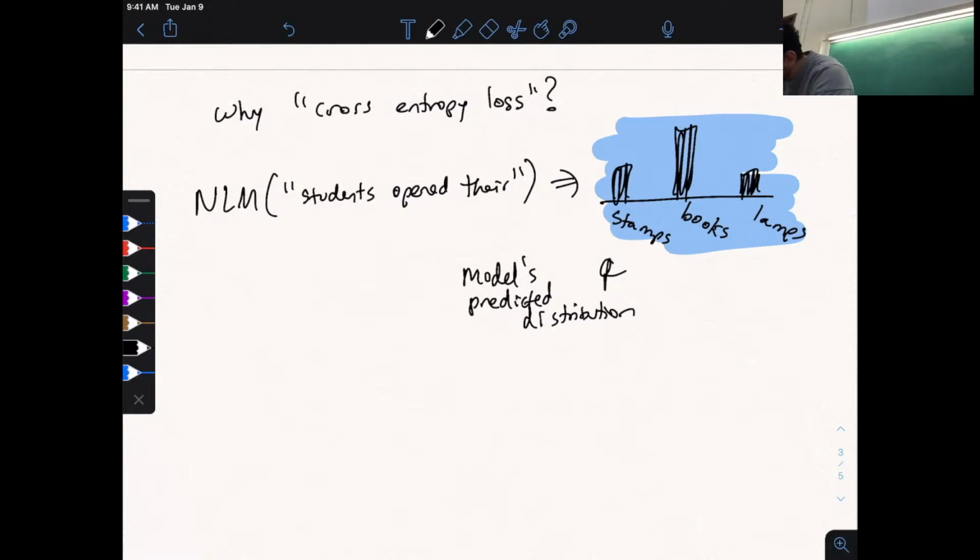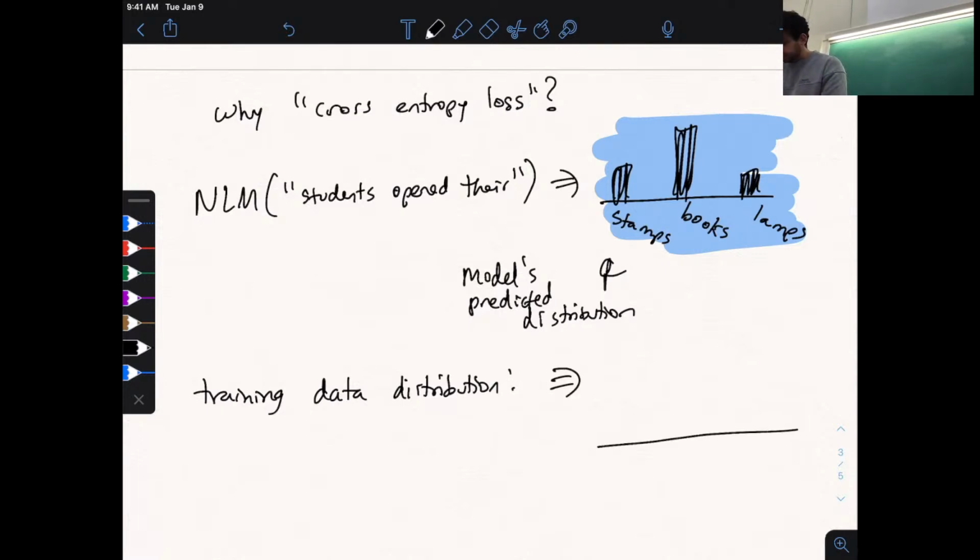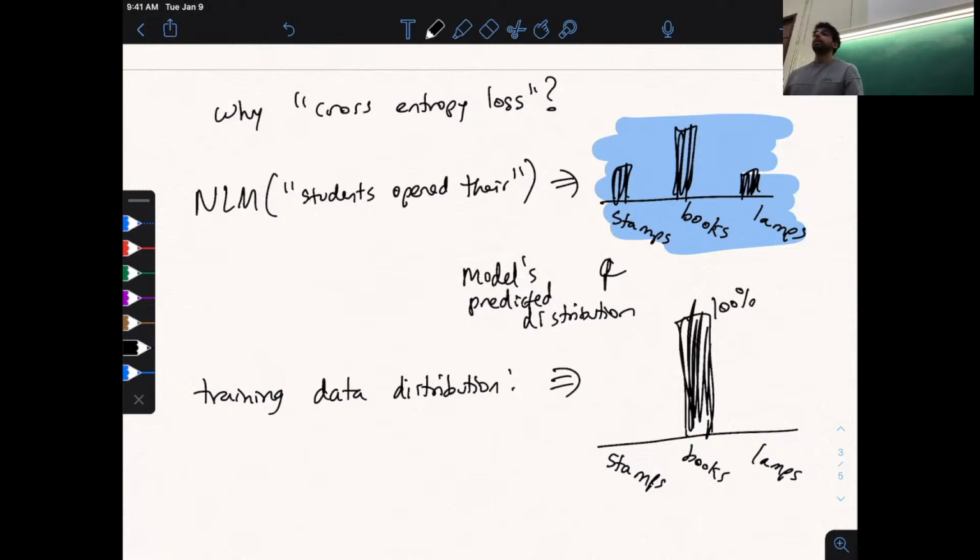So in our training data, we actually have all of the probability mass concentrated on the ground truth next word. So we had stamps, books, and lamps. We have 100% of the probability going to books, because this is what we observed in our training data set. We did not observe ever students open their lamps. This has a 0% probability.